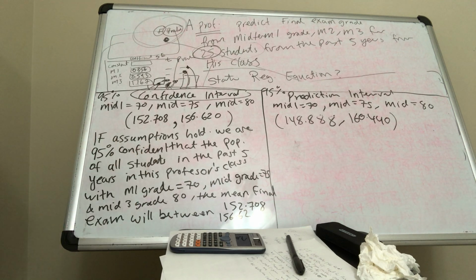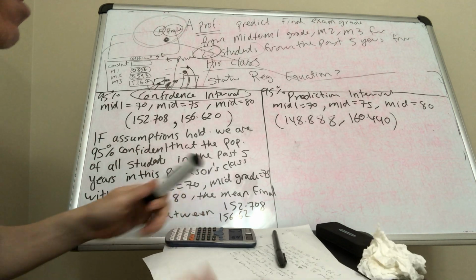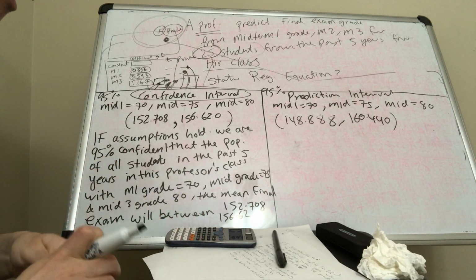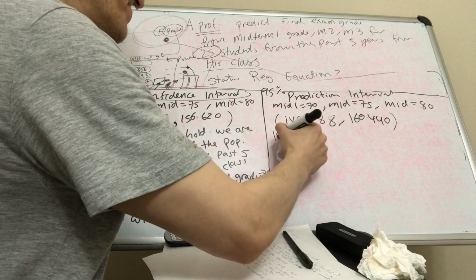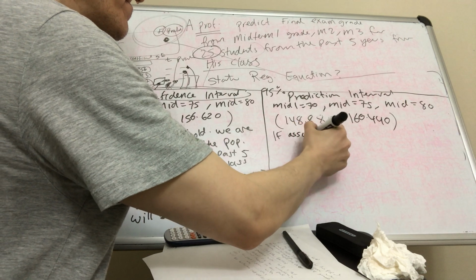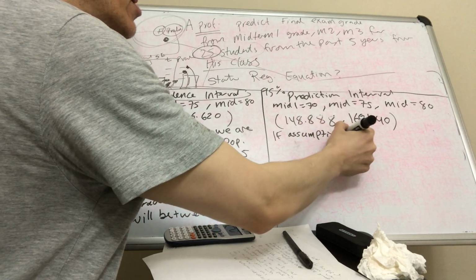For the prediction interval, we say: assumptions hold.